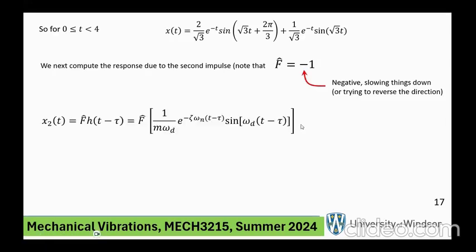Okay, now, because this is happening at 4 seconds, to write the response due to this impulse, you just put the impulse there, f hat, which is minus 1, and h of t minus tau, where the shift tau is 4. So just plug it in, clean it up, and you get this, okay?